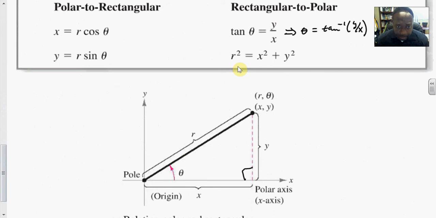And so from these, we can map from rectangular to polar, and from polar to rectangular. Let's look at some problems.